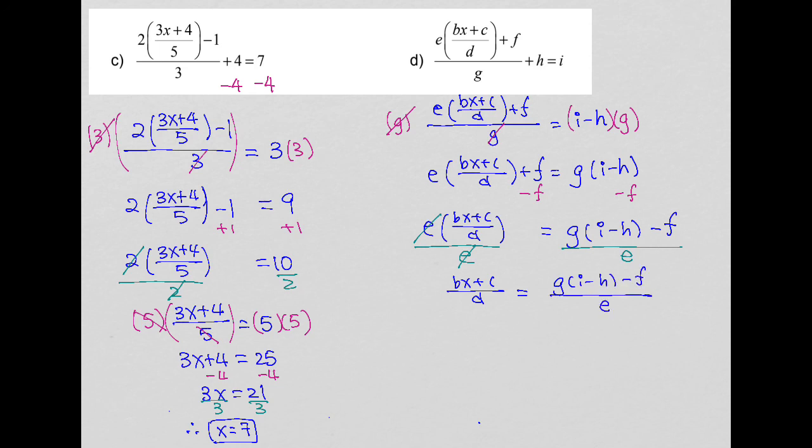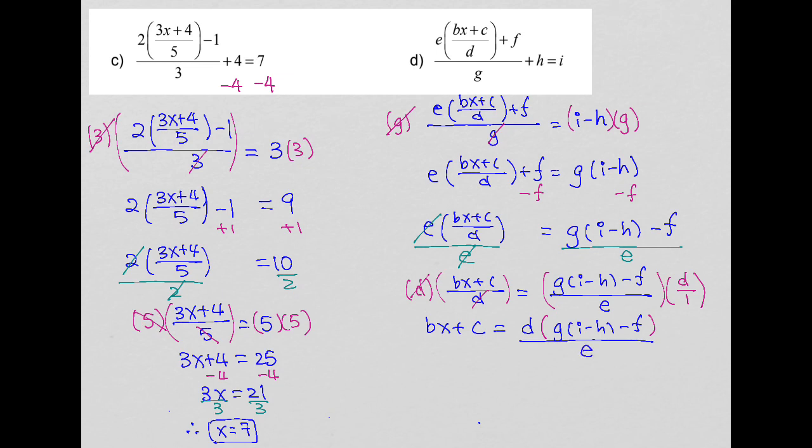And next thing is I want to get rid of the denominator of d. So you have to times by a d here. So I have to times by a d. Times by a d means d over 1, right? So you have bx plus c equals d, open bracket, g(i minus h) minus f, close bracket, over e.